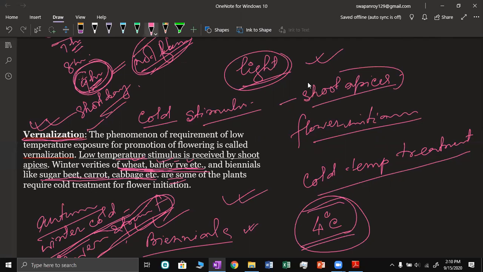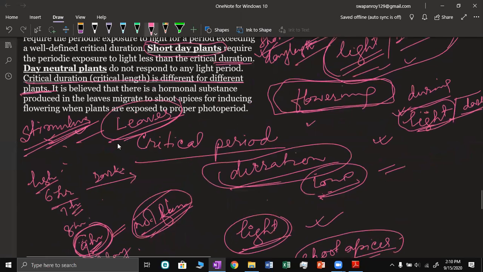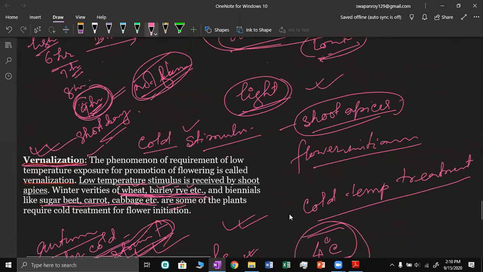Shoot apices receive the cold treatment and the leaves receive the photoperiodic induction stimulus.